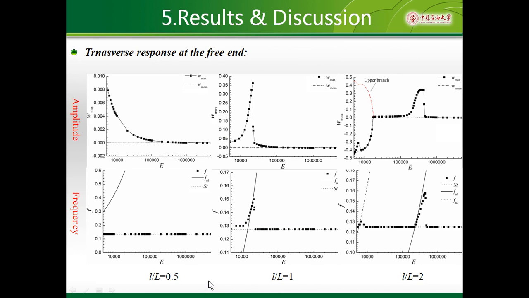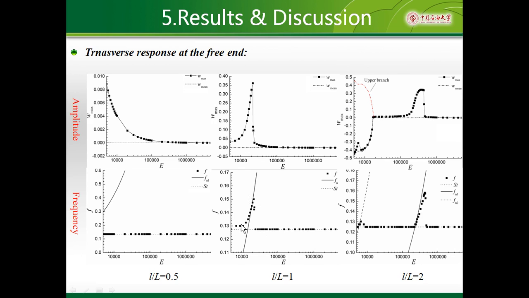When the dimensionless plate length increases from 0.5 to 1, the first natural frequency of the plate interacts with the vortex shedding frequency near this point.